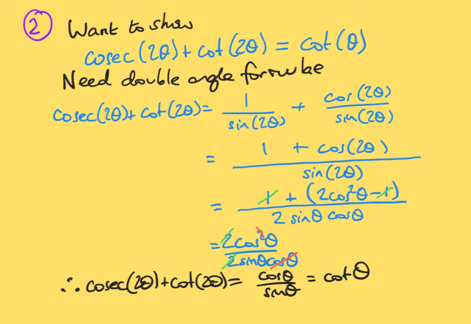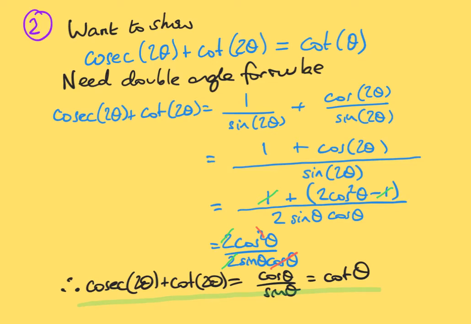So we are left with our result for cosec of 2 theta plus the cotangent of 2 theta. It's equal to cos theta, 1 power of cosine here, divided by sine theta, and that is just the cotangent. So that is the result that was quoted at the front, and that's our answer for it.